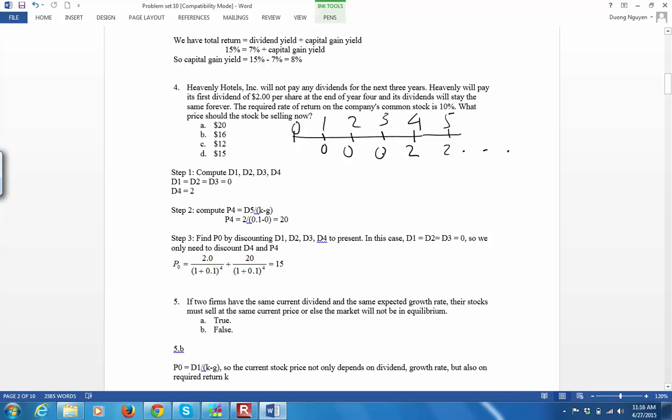So obviously, after year 3, it is basically a perpetuity. You receive the same amount of dividends, so you should be able to get the price in year 3.